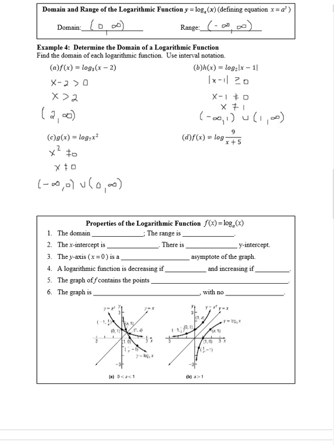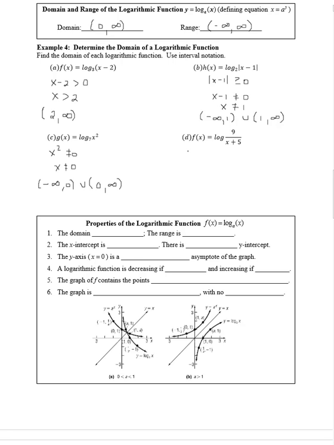Okay, what about log of 9 over x plus 5? Well, the 9 is positive. So the x plus 5, the only way this is going to not be positive is if x plus 5 is less than 0.